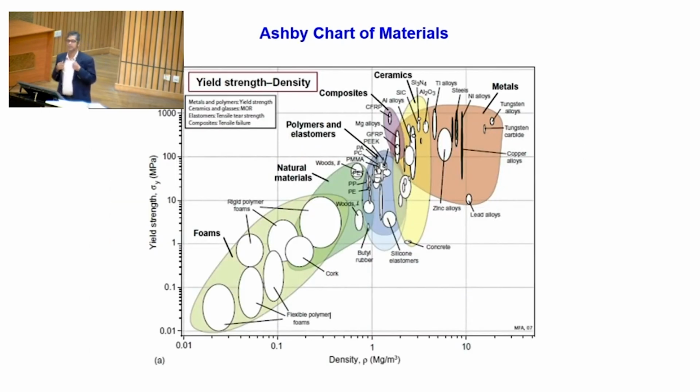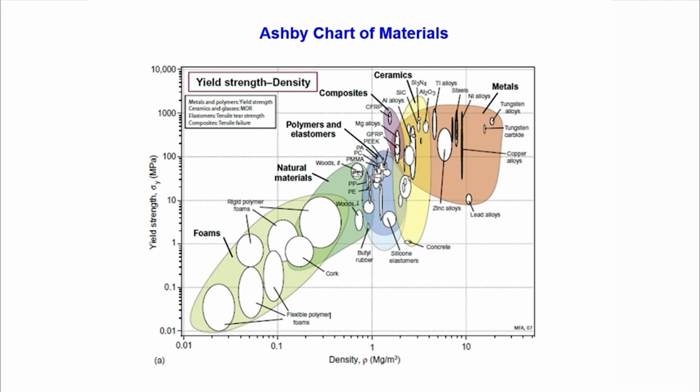So, Michael Ashby, whose book this is, has given some charts. Okay, here is one of those. There are many charts actually given in his book, and there's a book by him I told you about, the mechanical design of materials, in which he talked about different kinds of charts to segregate the materials depending on the type of properties you are looking at. One of the important properties is yield strength versus density.